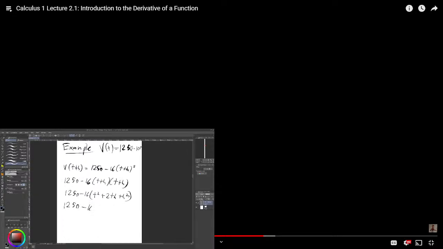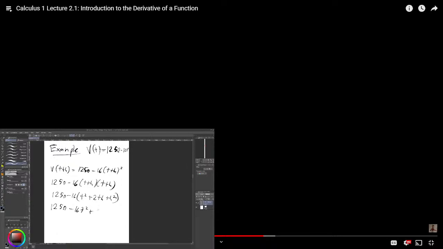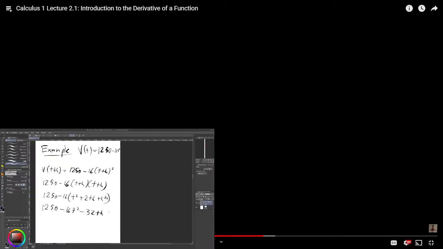That gives 1250 minus 16t squared minus 32th minus 16h squared.